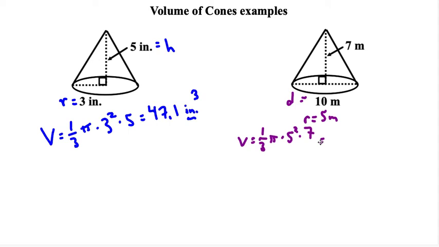Please note that 1/3 is the same as taking 1 divided by 3 in your calculator. To the nearest tenth, we're looking at 183.2, rounding to the nearest tenth, meters cubed, because it's a volume.